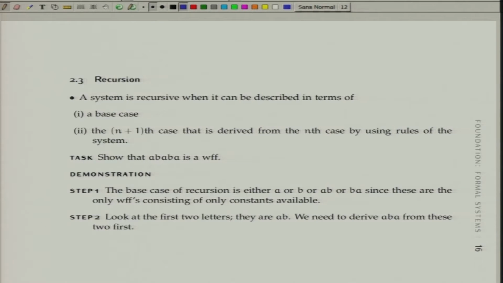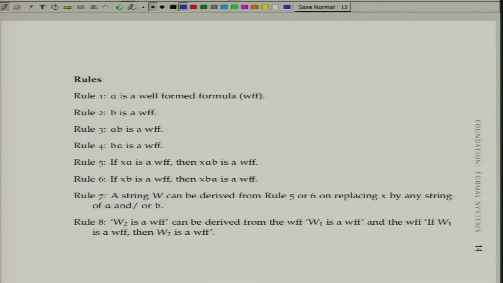We get back to the rules of the system and see how it works. We said there are two main things: one, the base step of the recursion, and two, the recursive steps.